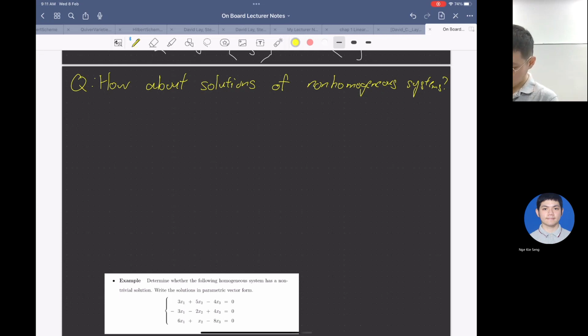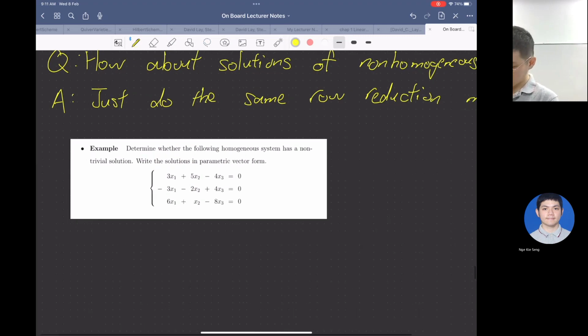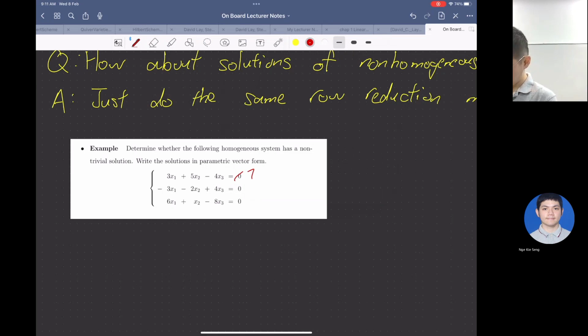One simple way is to do the same row reduction method. You have the same matrix but a different constant vector. Let's change the question to, for example, 7, -1, and 4.